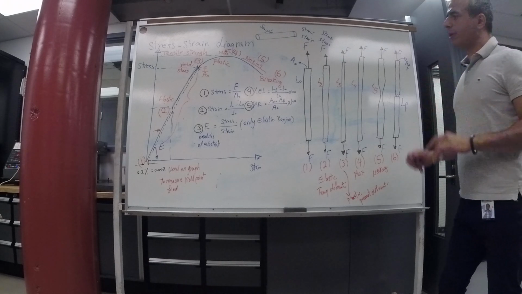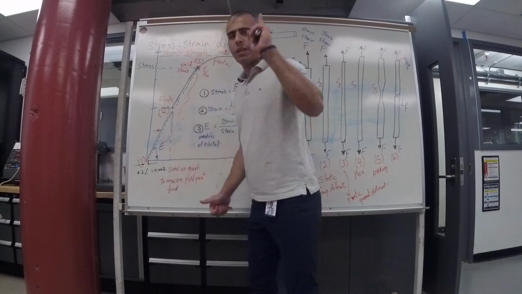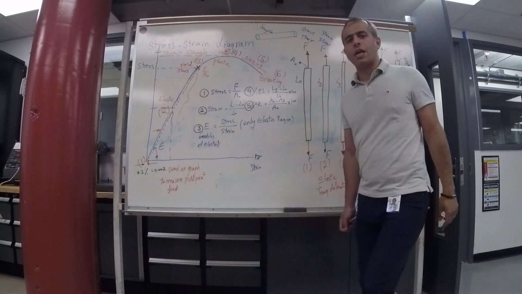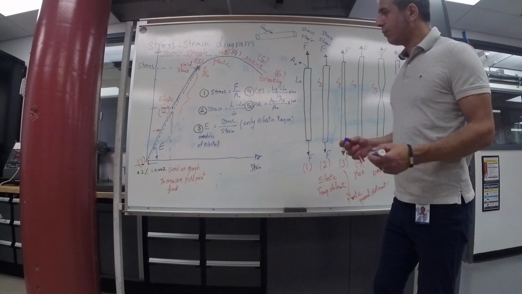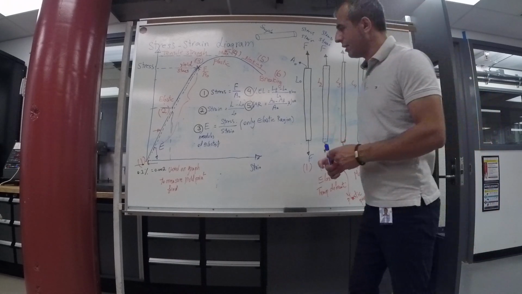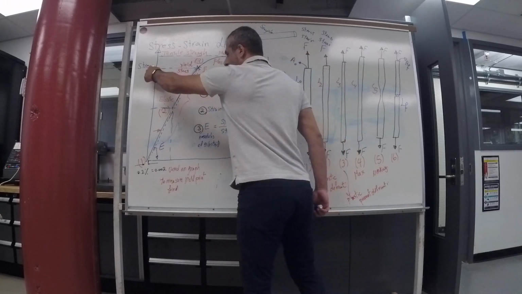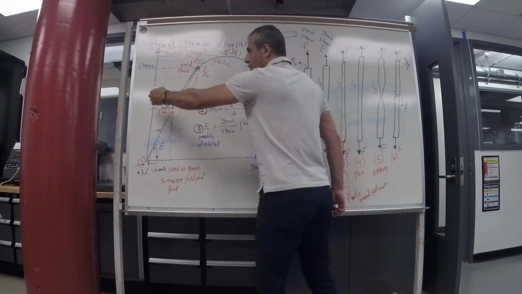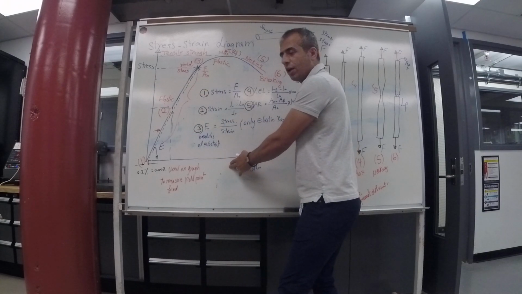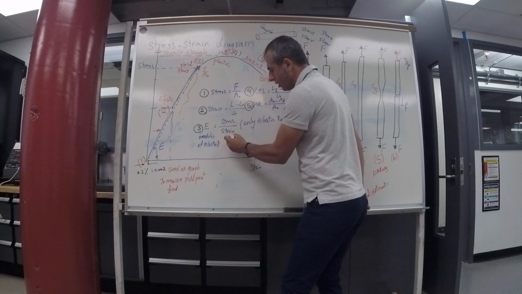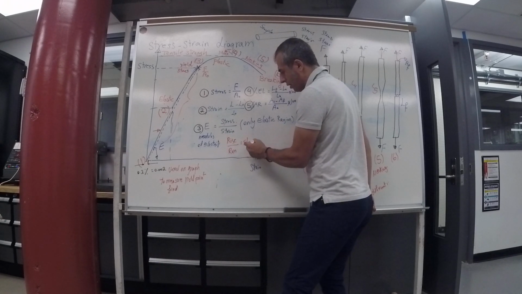Now we are going to find this graph with the instrument machine for 3 samples: steel, copper, and aluminum. Modulus of elasticity is stress over strain, rise over run. Remember from high school math, rise over run was slope.